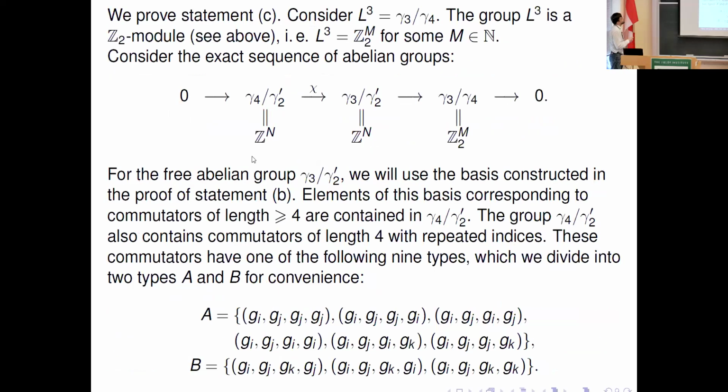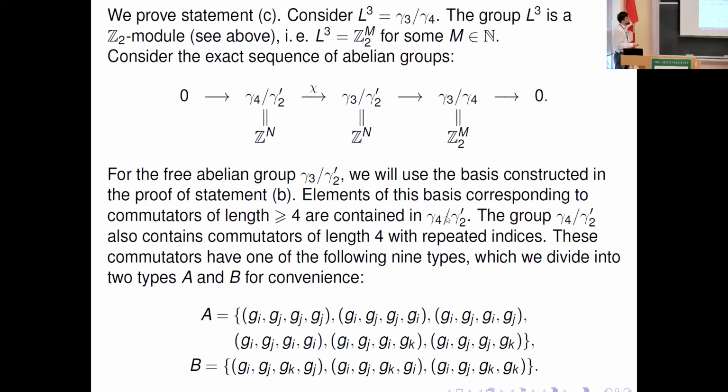We prove statement C. Consider L3, gamma 3 by gamma 4. The group L3 is a Z2 module, and we have the exact sequence of abelian groups like this. For the free abelian group gamma 3 by gamma 2 stroke, we will use the basis constructed in the proof of statement B. Elements of this basis corresponding to commutators of length more than or equal to 4 are contained in this.